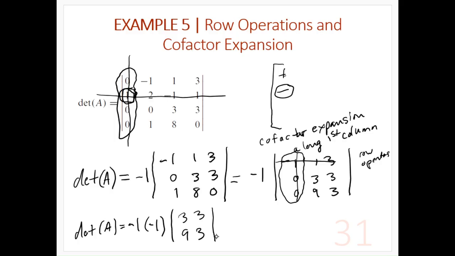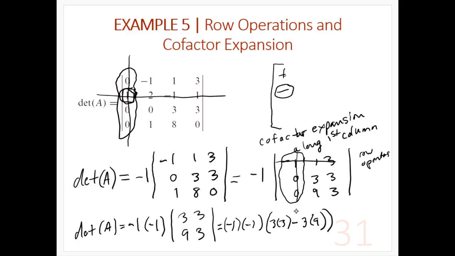And then now we have a simple determinant calculation. So we have negative 1 times negative 1. And then we can easily take the determinant in this 2 by 2 matrix. So then we have 3 times 3 minus 3 times 9.